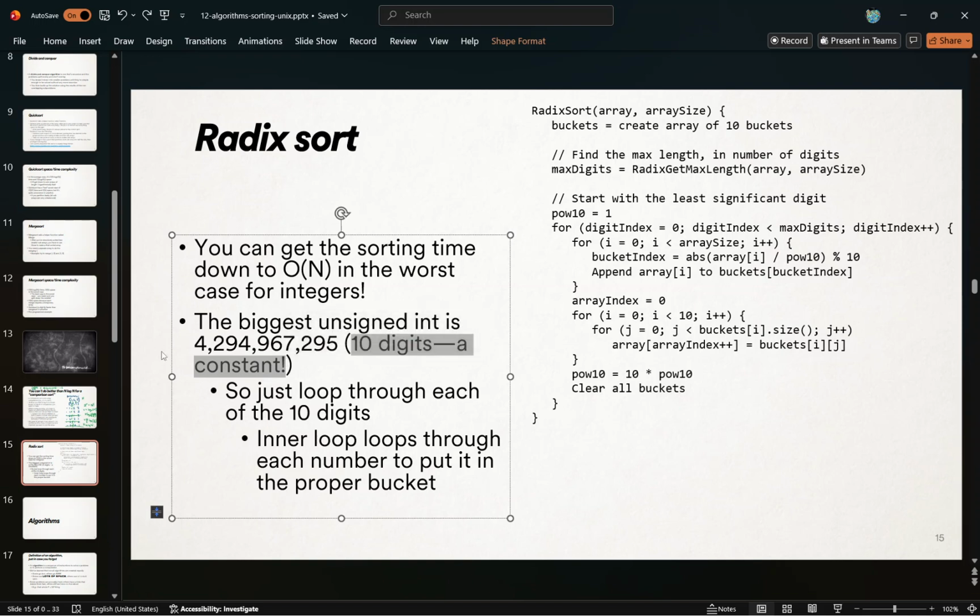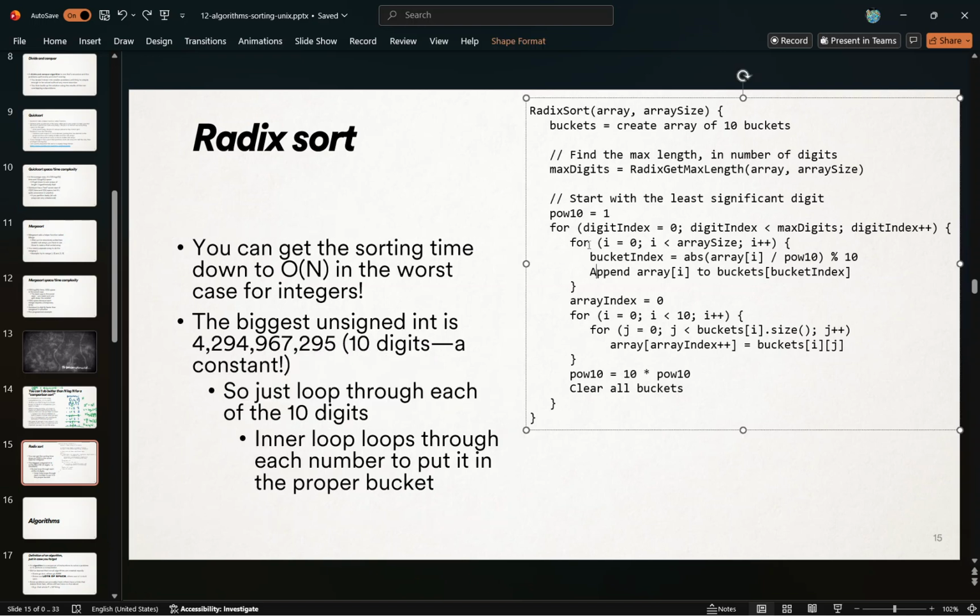Okay? So what radix sort does is it loops through each of the digits from least significant to most significant, and it's going to put them into buckets based on what digit it sees. So here's how I want you to think about that. I'm going to show you what that means.